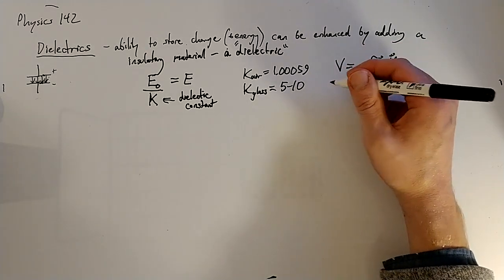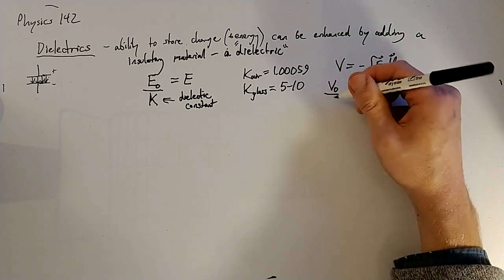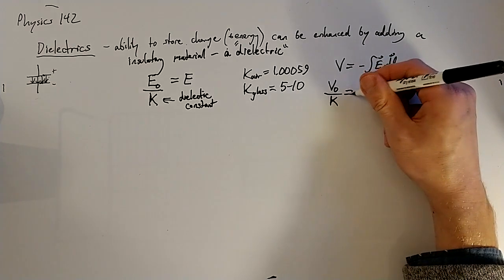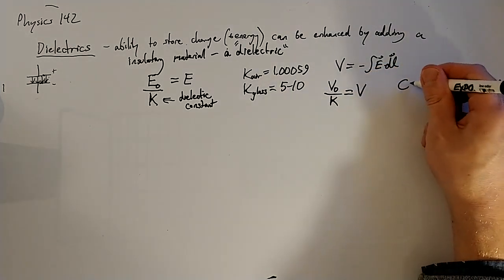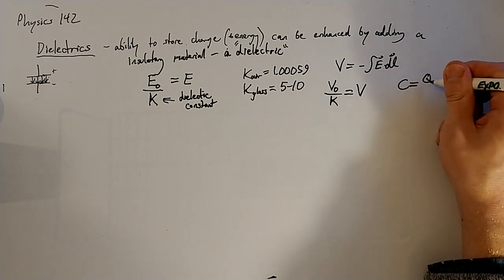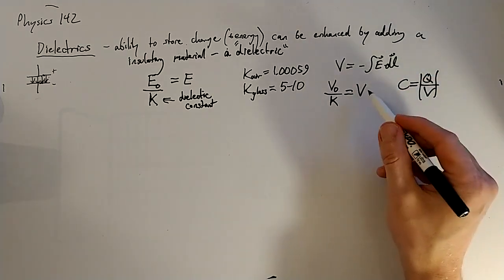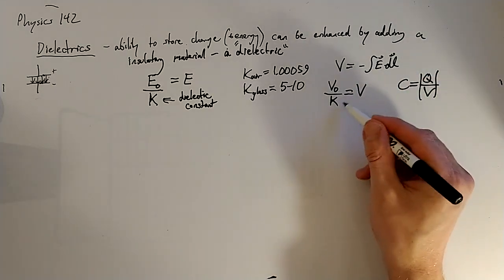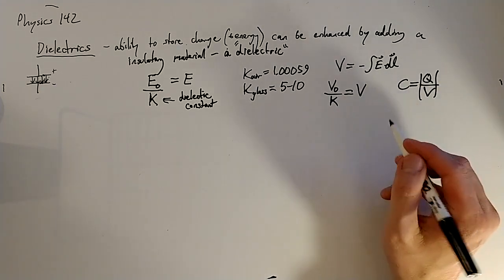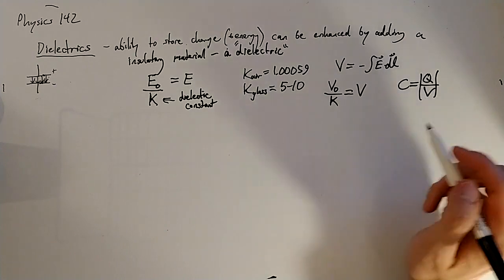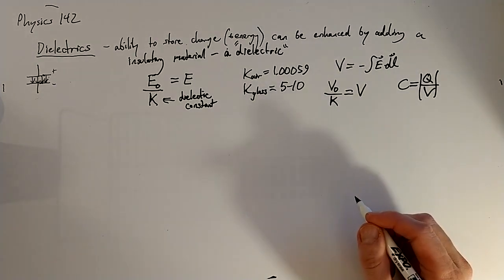So whatever electric potential you had originally also gets reduced by the dielectric constant. And if we recall our definition of capacitance, it was Q divided by V. So if V gets smaller, that will increase the capacitance. By decreasing the electric field, we decrease the potential and we increase the capacitance. That's what a dielectric does.